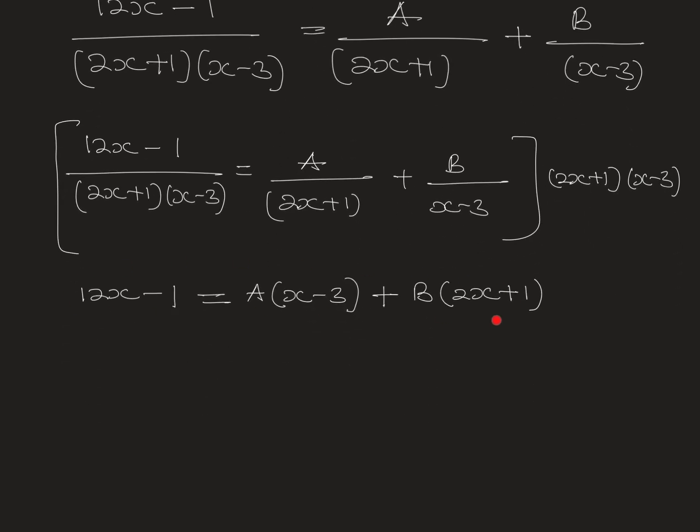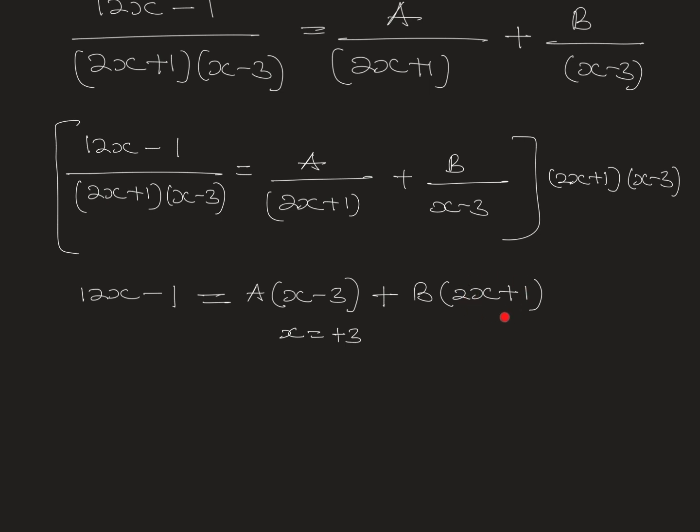So when I reach this stage, what I have to do is to determine the constants a and b. And I can only do that by making the brackets 0. So how can I make this 0? It is only when x is equal to positive 3, such that positive 3 minus 3 will be equal to 0.